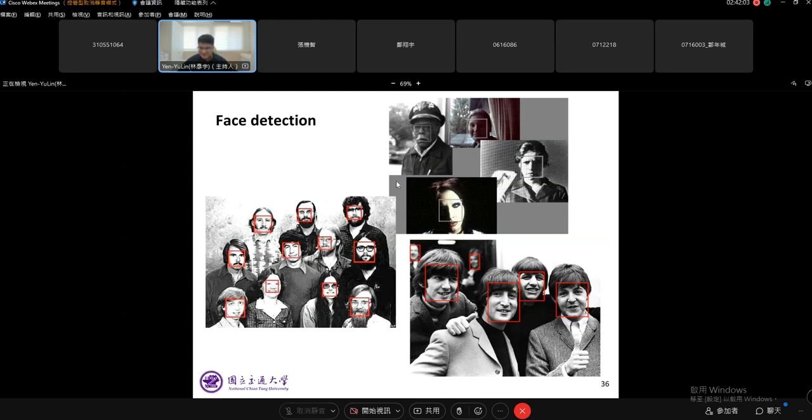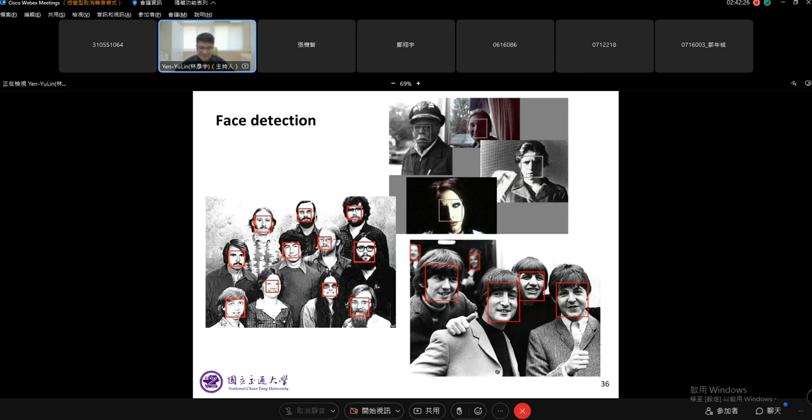First of all, let's look at the definition of face detection. Given an image as the input, the goal of face detection is to identify and localize the regions of a human face. So take this image as an example.